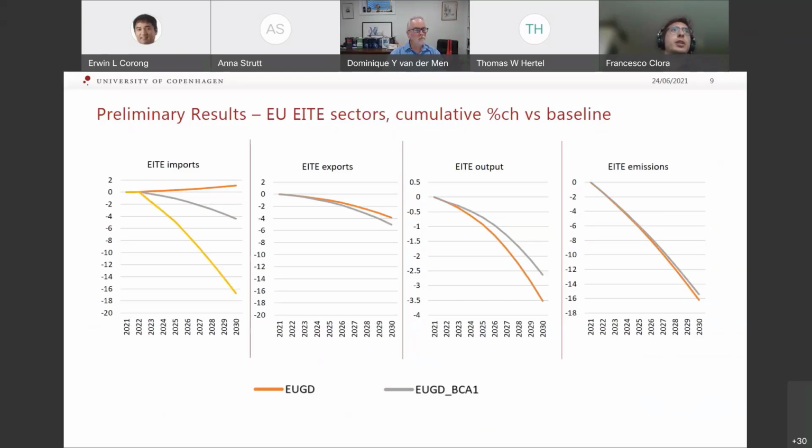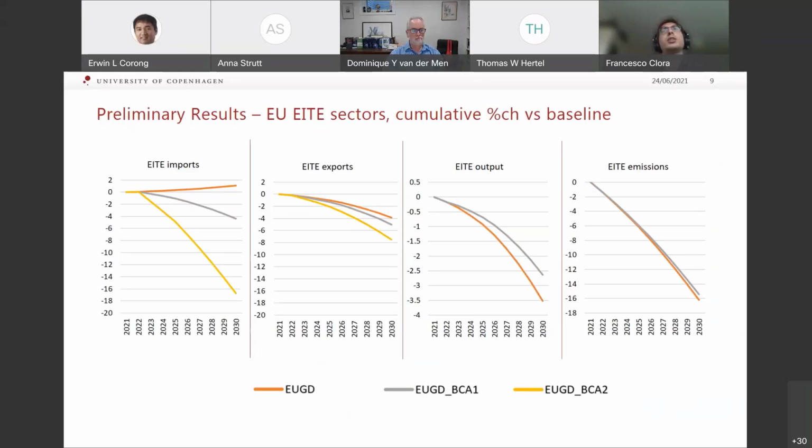A more aggressive border carbon adjustment based on Scope 1 and Scope 2 emission intensities, now discriminating across international trade partners, reduces emissions by 16% compared to the baseline, and this also means stronger diversion effects of non-EU products to other non-EU countries.